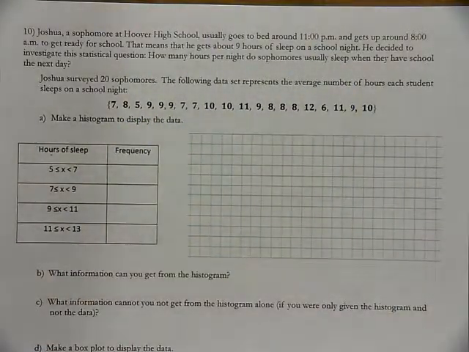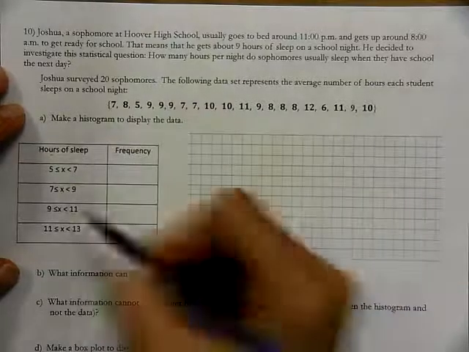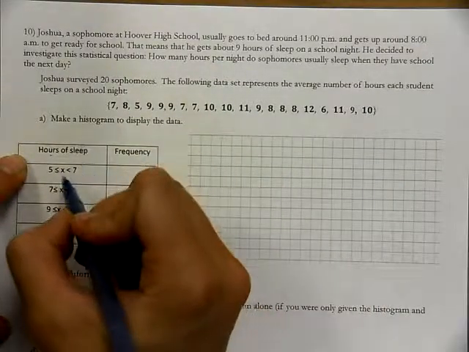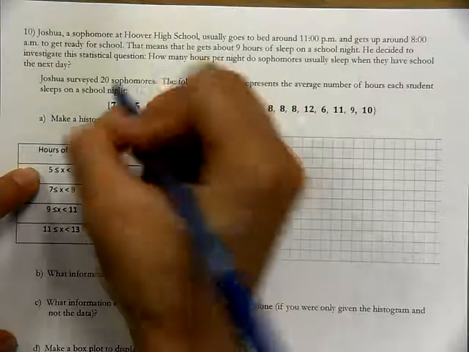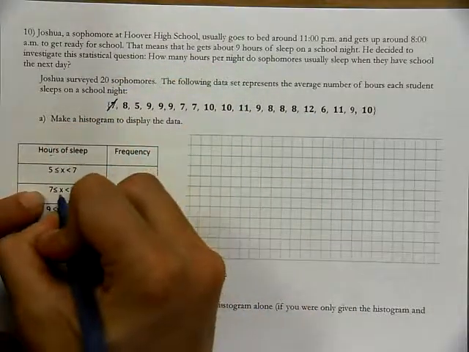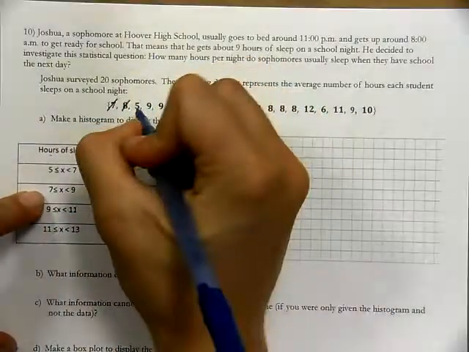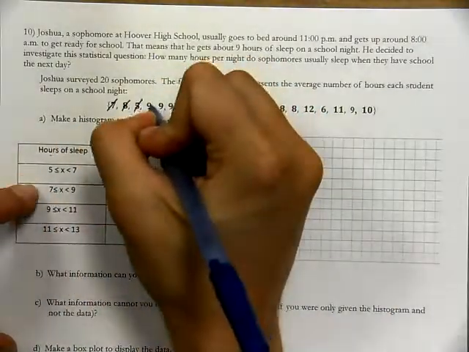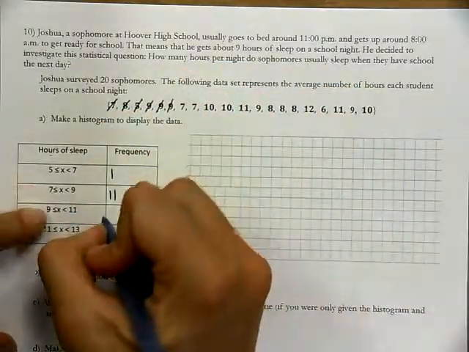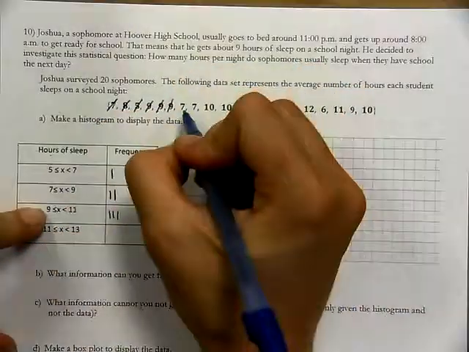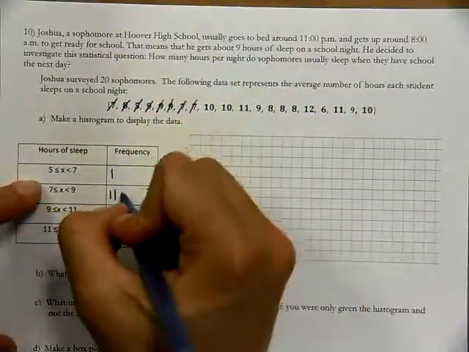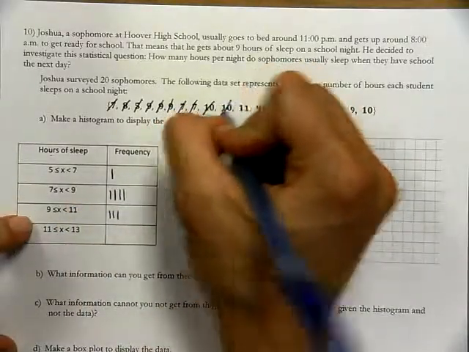All right, so we got 20 sophomores, and we can now make a histogram. So let's make a histogram. So where do we go? So 7, when it equals 7, it jumps up here. 8, 5 is down here. 1, 2, 3 9s, so they're all beat up here. 1, 2, 3. 2 7s, so 1, 2. 2 10s, 1, 2.